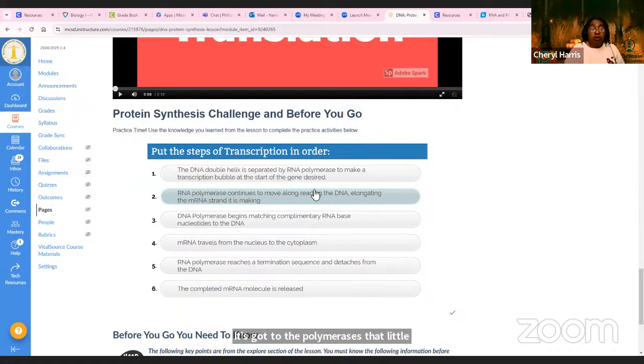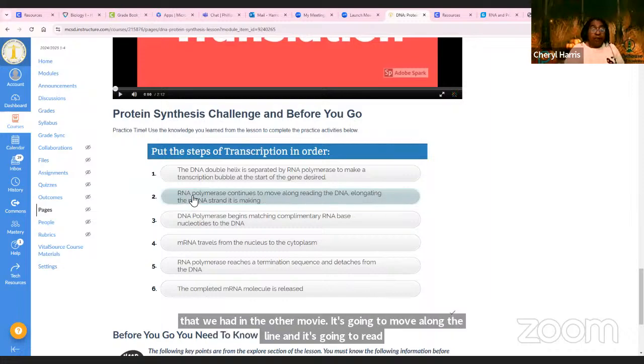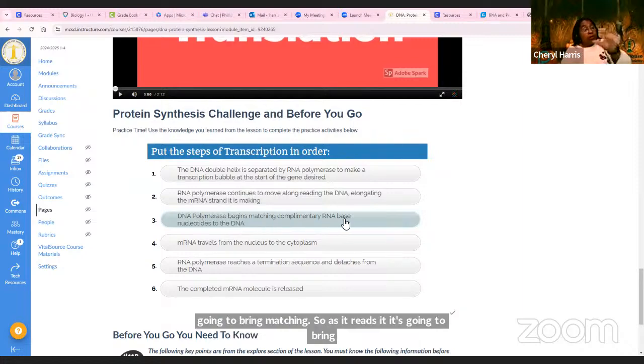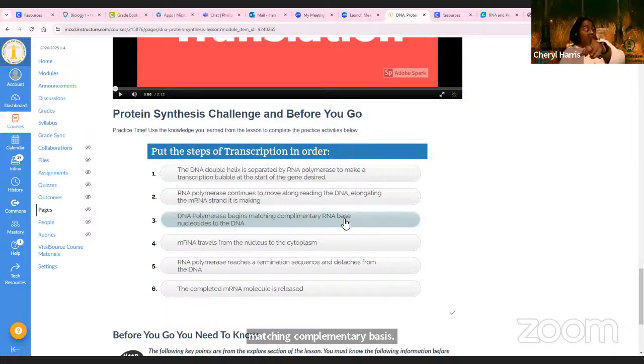It's going to move along the line and it's going to read the DNA, and then they're going to bring matching complementary bases, meaning as it reads it, it's going to see that there's a T here. I need to go find an A. There's a C here. I need to go find a G. So this is what we mean by matching complementary bases.